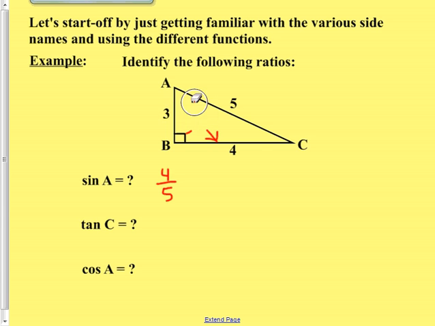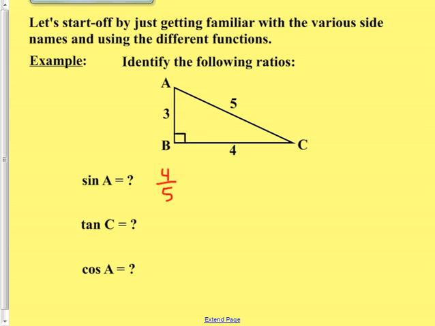The next problem we are asked to look at is tangent from the angle near vertex C. So let's have a look at that. Tangent. What is the ratio that goes along with tangent? Well, think about your word, SOHCAHTOA. TOA, the very end. T-O-A.